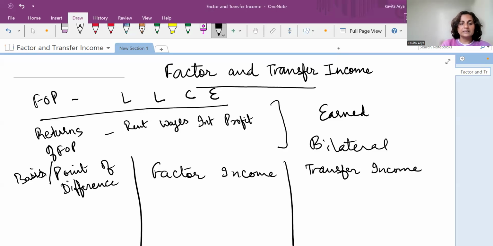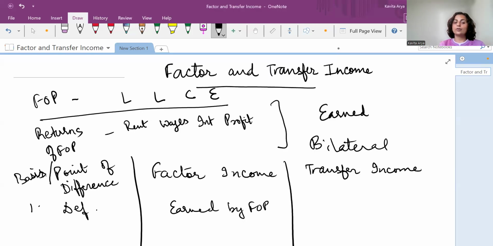So how do we go about it? The very first thing is, when we talk about factor income, the concept or meaning, or we say definition: all the incomes which are earned by the factors of production are called factor incomes, and these are the unearned incomes, so these become the transfer income.